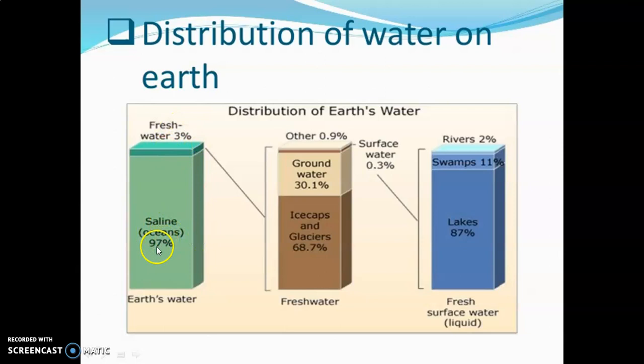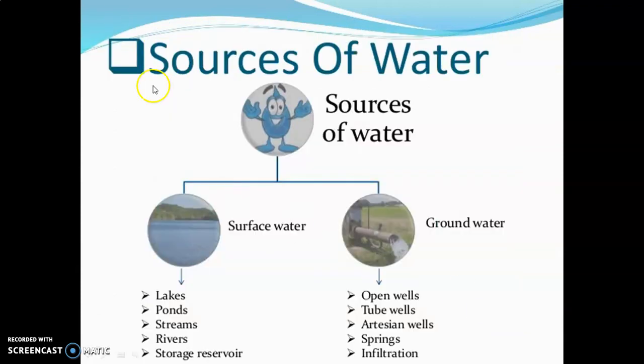Of the fresh water, other water is 0.9%, groundwater 30.1%, ice caps and glaciers 68.7%. Surface water is 0.3%, in which rivers 2%, swamps 11%, lakes 87%.